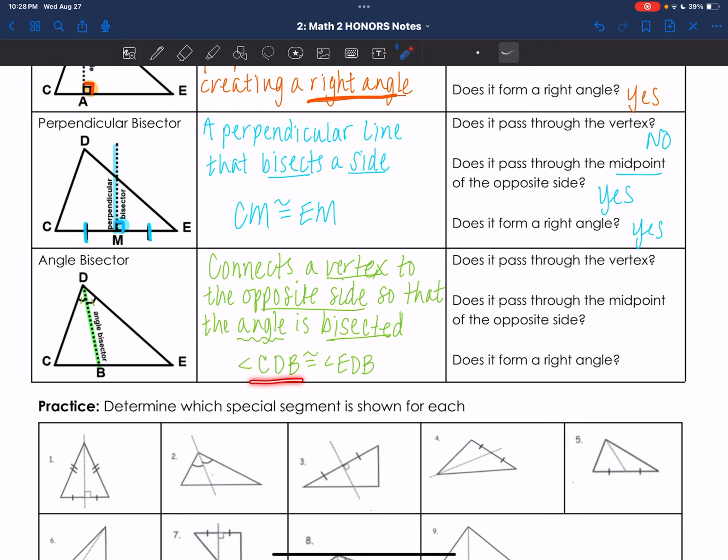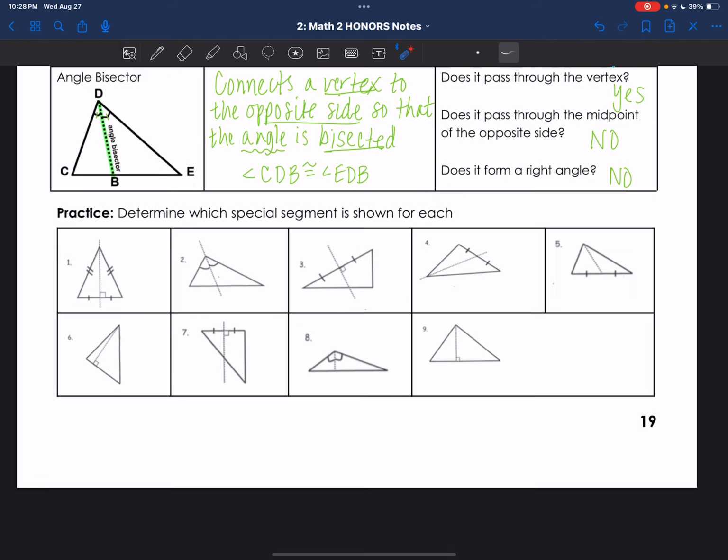So angle CDB is congruent to angle EDB. Let's look at this. Does it pass through the vertex? Yes. Does it pass through the midpoint? No, it does not say anything about the midpoint. Does it form a right angle? No. The important part here is that it bisects the angle, so the angles are congruent.